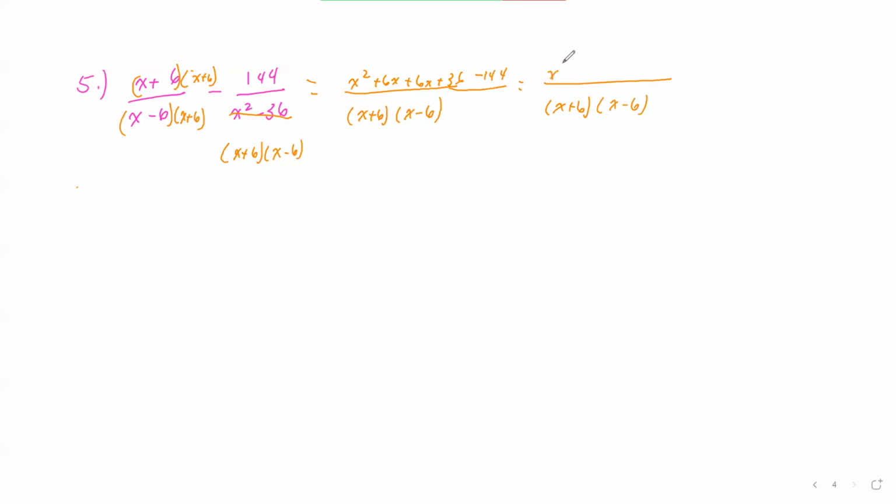That gives me x squared plus 12x when you combine 6x plus 6x. And then 36 minus 144 is 108. Yeah, actually, sorry, negative 108.